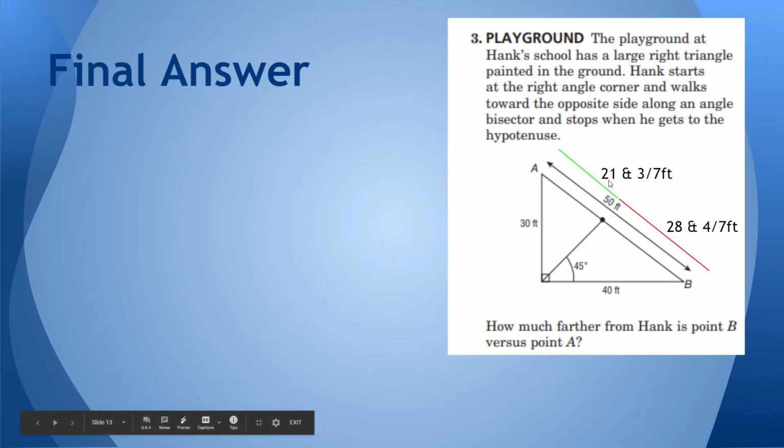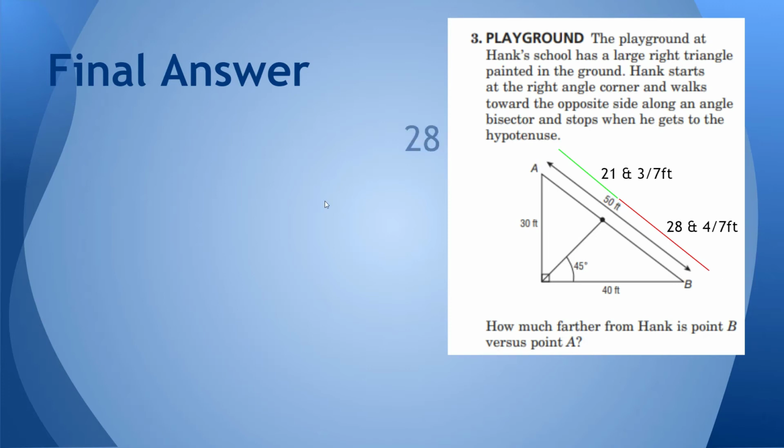Notice I put over here, we have 21 and 3/7 feet, 28 and 4/7 feet. We're not done because we're not asked just what is x or what is this distance over here, which we called y for a second. No, no, no. We are actually asked, what is the difference between the two? How much farther away from B is Hank than he is from A? Or how much closer is he to A than he is from B? That's the final question, the final answer here.